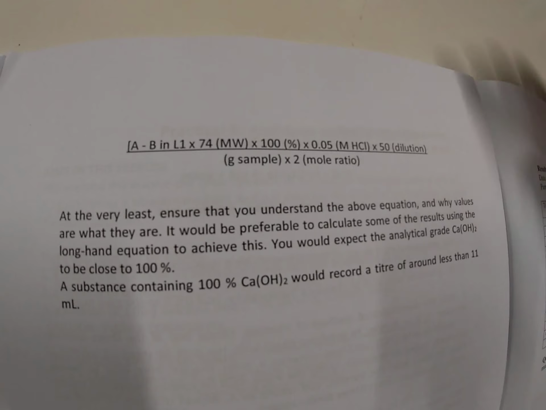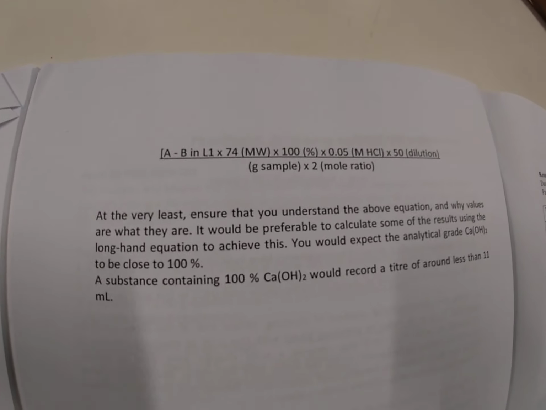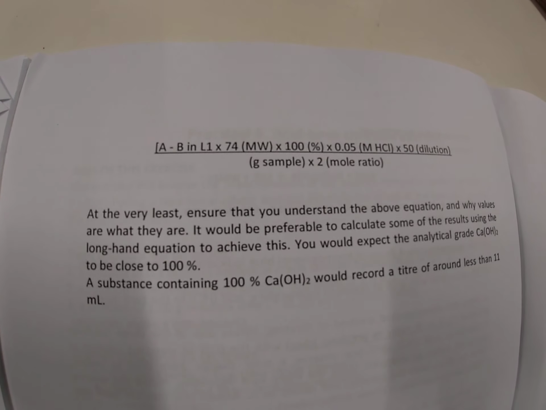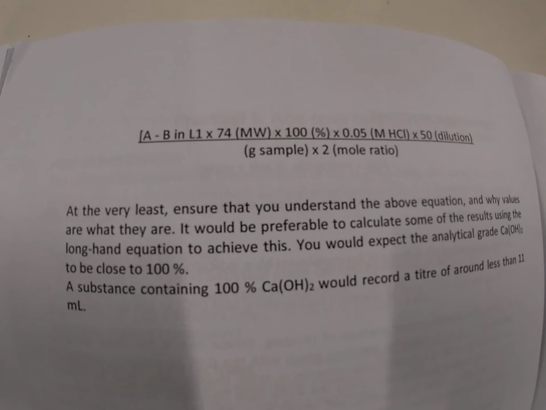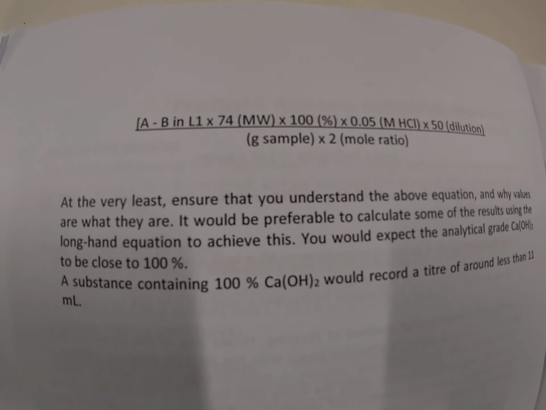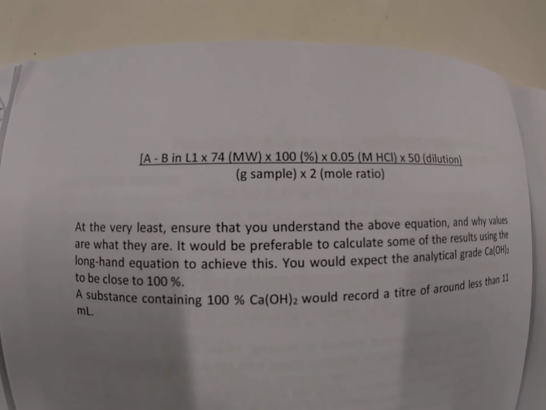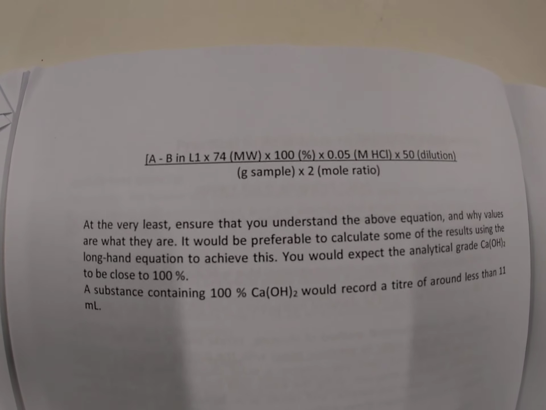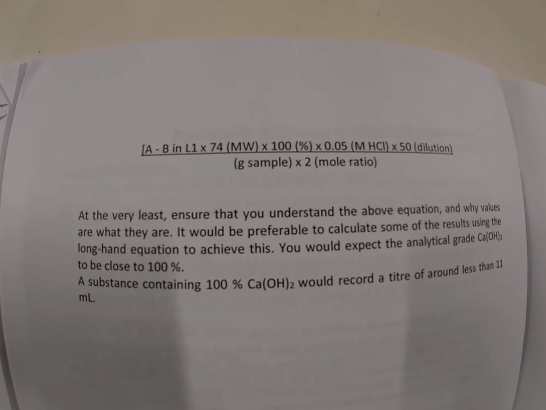It's important to convert your millilitres into litres. Then you times that by 74, which is the molecular weight of calcium hydroxide, times 100%, because we're looking for an overall percentage of calcium hydroxide, times the concentration of the hydrochloric acid, which was our titrant, which is what we use to titrate against the calcium hydroxide.